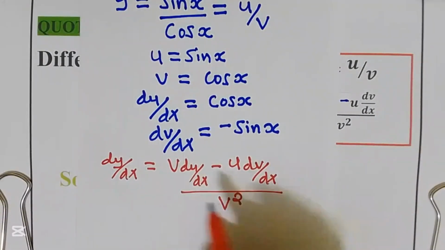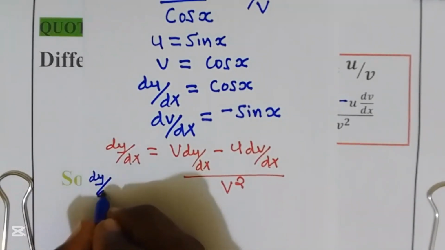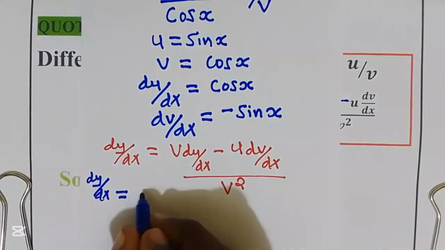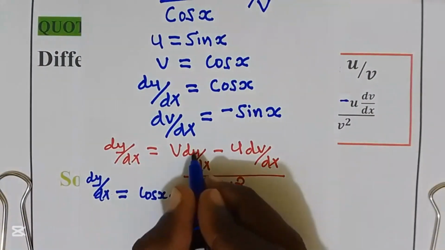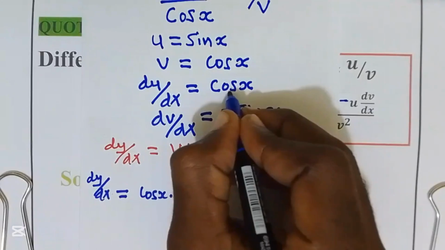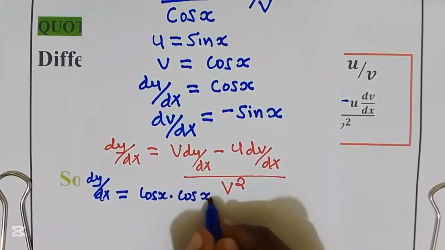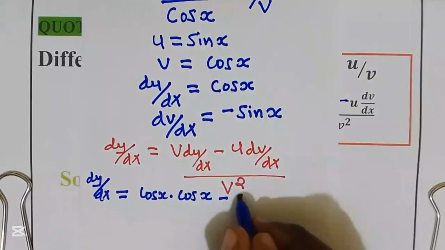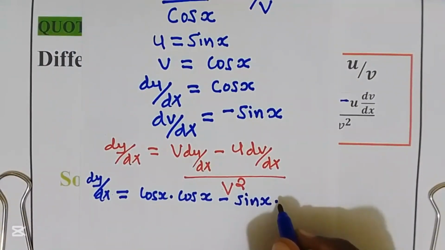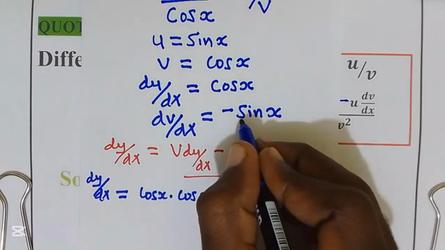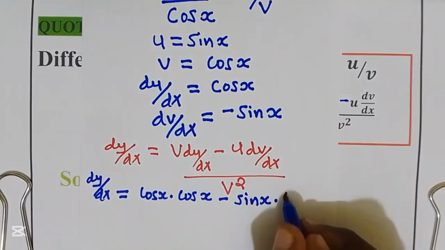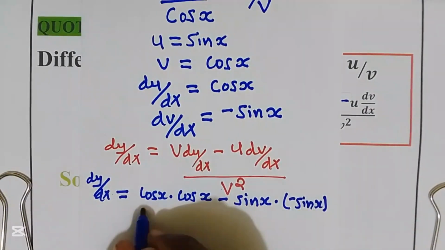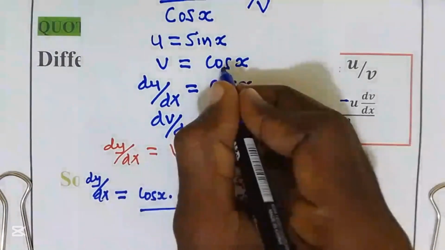That is going to be dy/dx is equal to v, which is equal to cos x, multiplied by du/dx, which also is equal to cos x, minus u, which is sin x, multiplied by dv/dx, which we get minus sin x. This is over v square. v is equal to cos x.